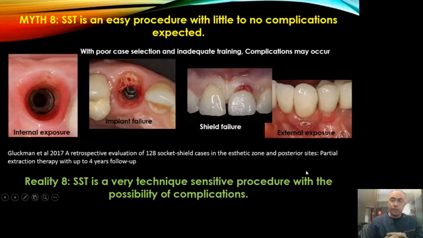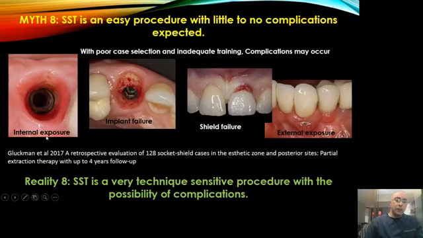The study that I discussed from Gluckman, Salama and Jonathan Dutoit described 128 socket shield cases, and they showed the failing cases, not necessarily from poor selection, but we have some manageable complications and some other complications that we can't manage.